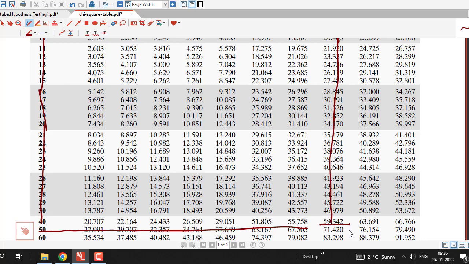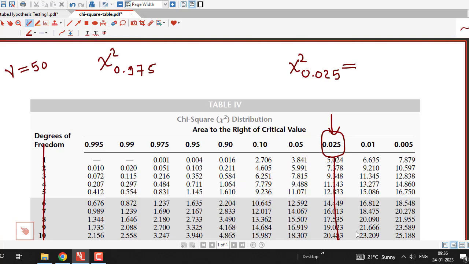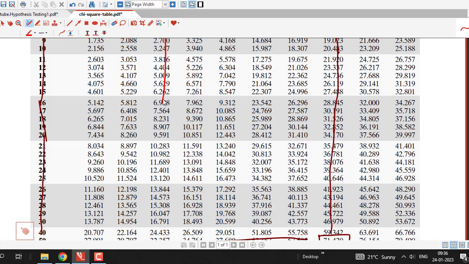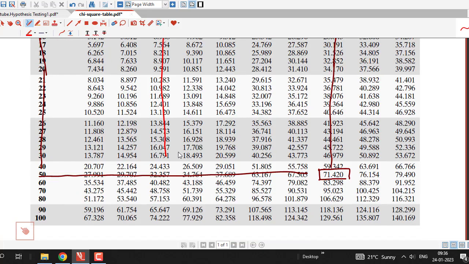They intersect at this point, 71.420. That means this critical value is 71.420. Similarly, we find chi-square 0.975. For that, we look below this column and go down up to 50 degrees of freedom, and we find the intersecting point.